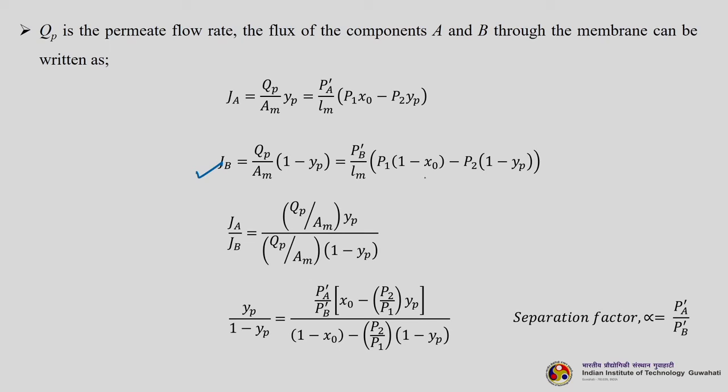That can be expressed in terms of X naught and Yp. So, if you do Ja by Jb, you will get this equation, and we can write in terms of mole fraction, we will get this equation. So, the separation factor is given by Pa prime by Pb prime, which is alpha.